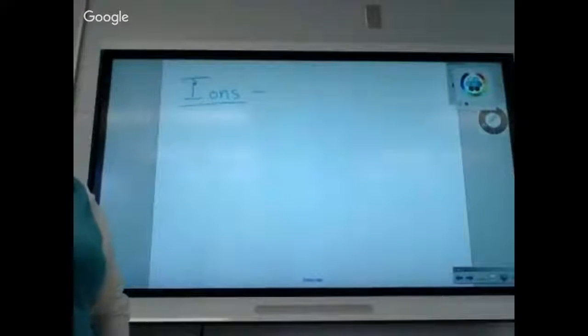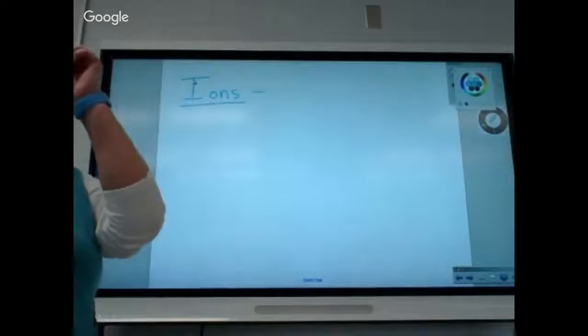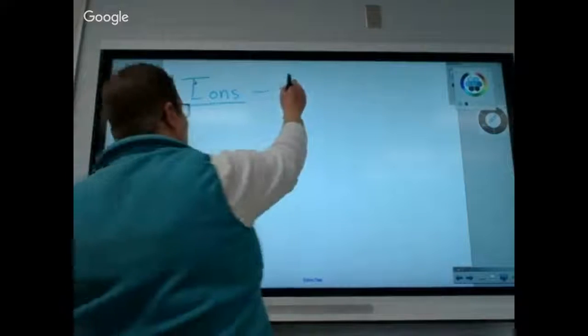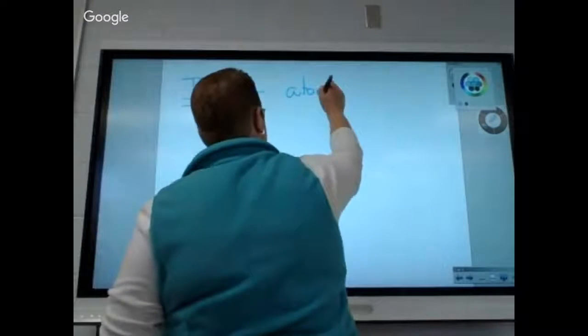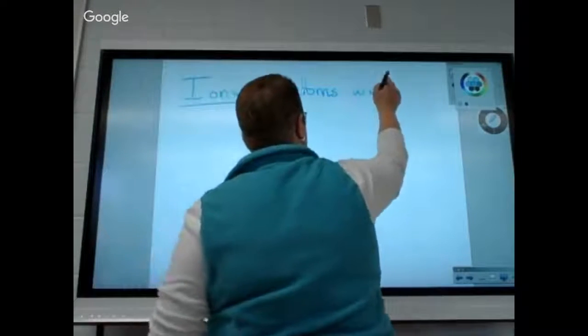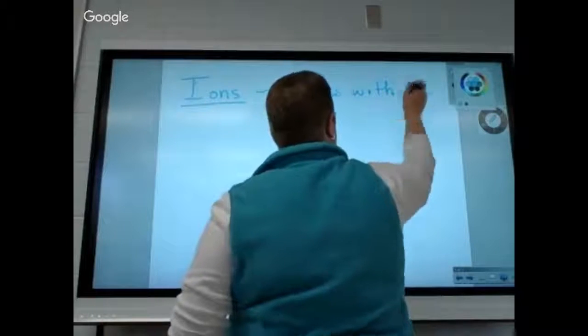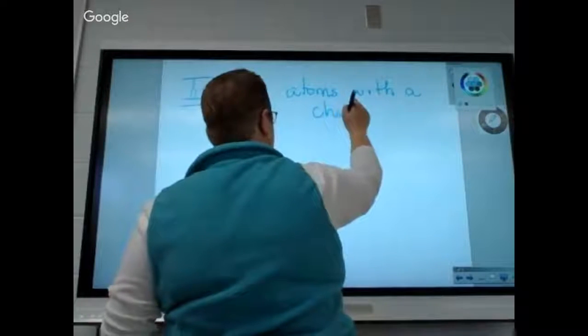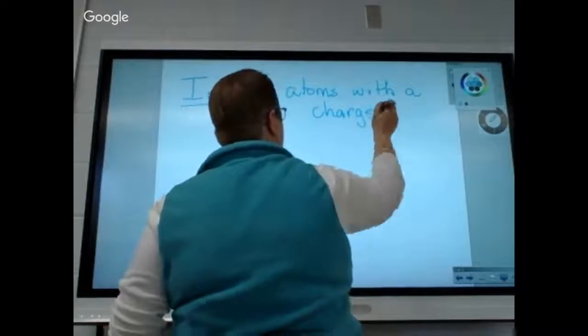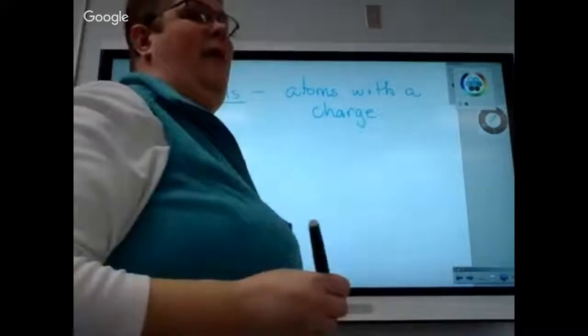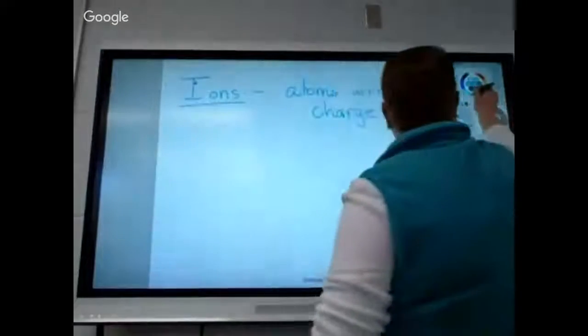All right, is ions. Now, ions work just like everything else we've done, except one tiny little thing. Ions are atoms with a charge. I'm going to give you 2 vocabulary words that later in the semester, you're going to swear up and down I never taught.